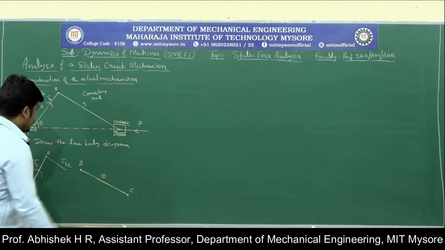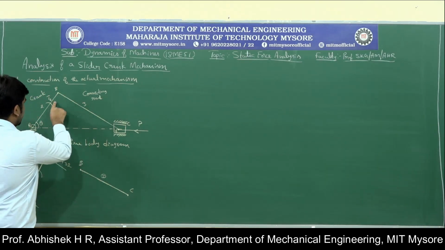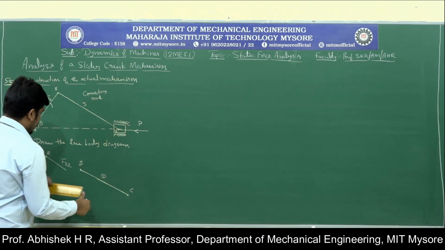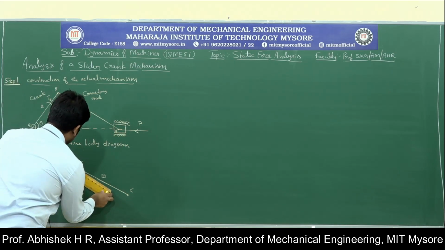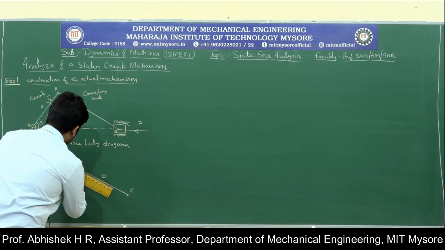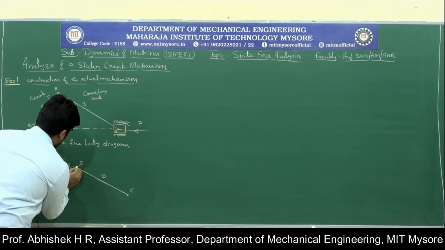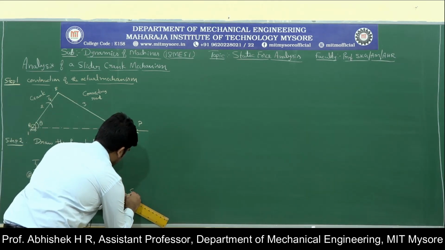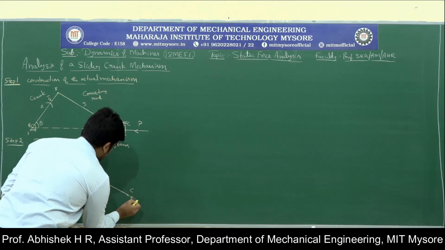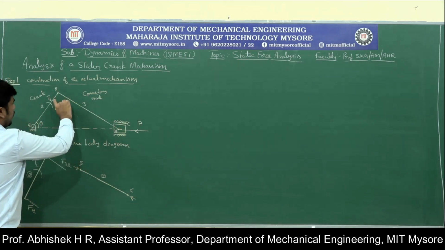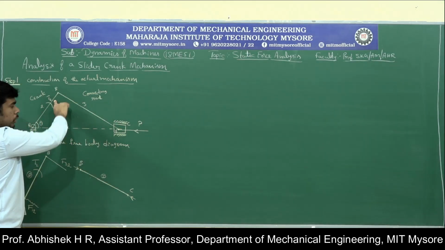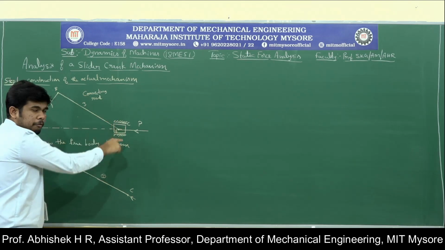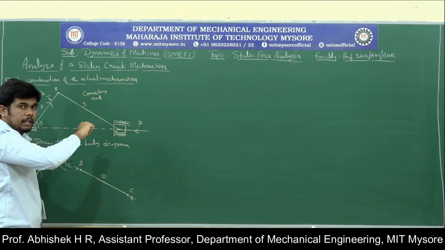So link 3 is connected with link 2 and here the link 4. So here the forces will be, the force of link 2 is exerting on link 3 and here the force of link 4 is exerting on link 3.